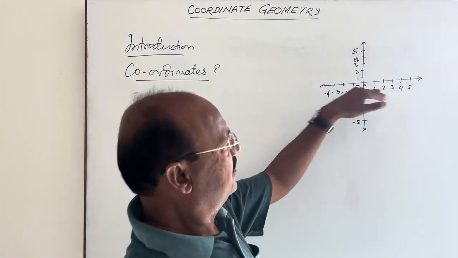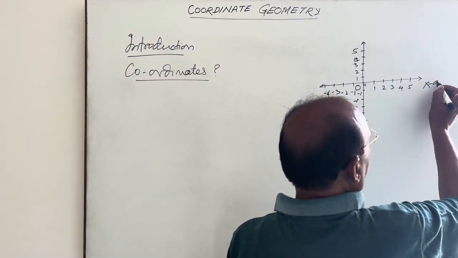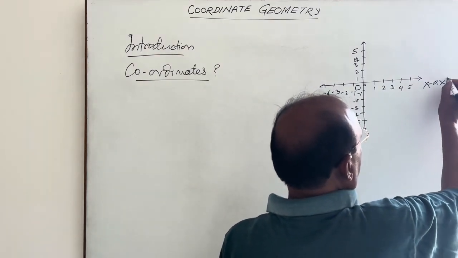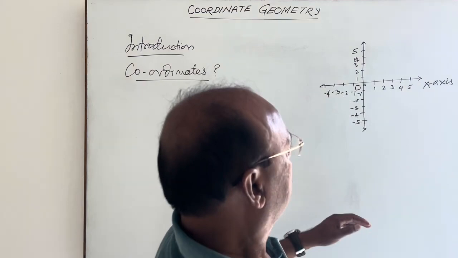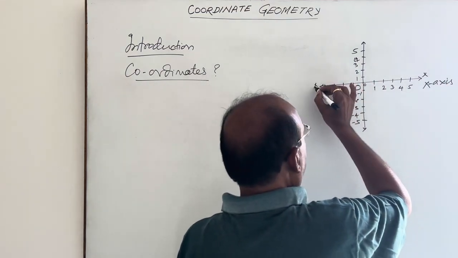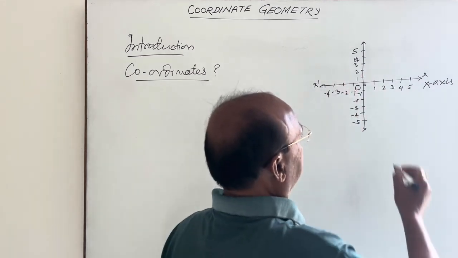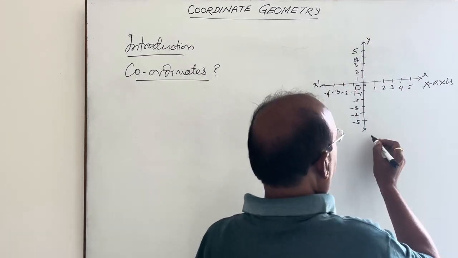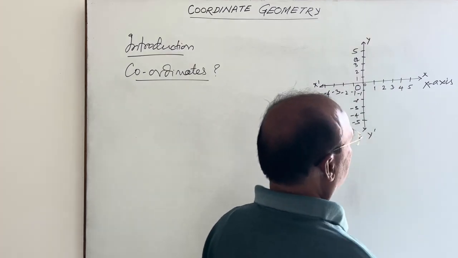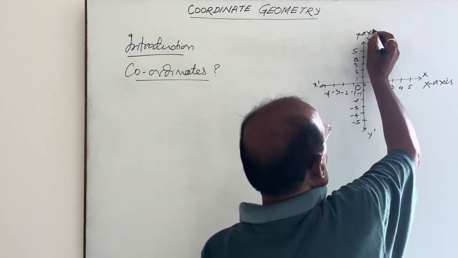Here this horizontal line is known as x-axis. Generally it is written as x dash, x, that is the x-axis. Similarly the vertical line, let us write here y and here y dash. The vertical line y dash y is known as y-axis.